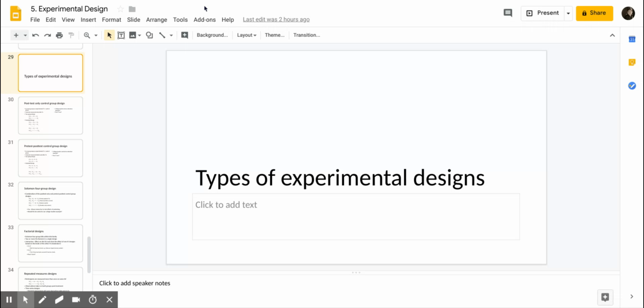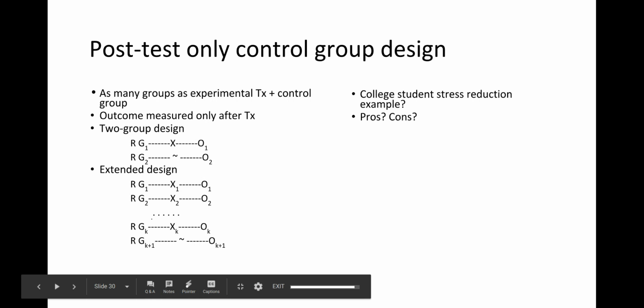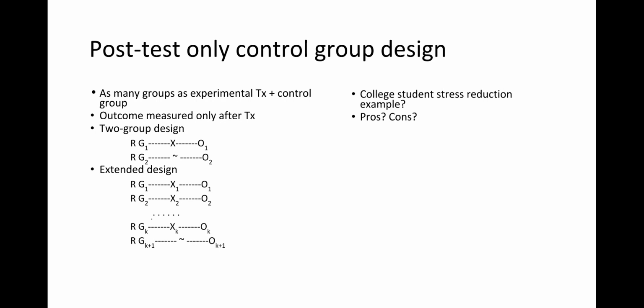All right, types of experimental design, and we will talk about that issue a little bit later. All right, types of experimental design. The first experimental design is post-test only, control group design.